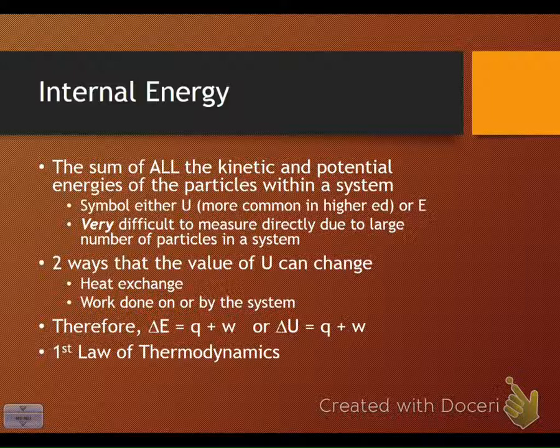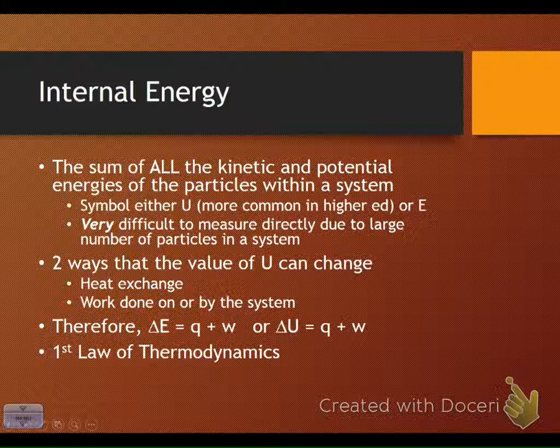Now, it's very difficult to measure this, like I mentioned, but it's much easier to measure changes in internal energy because temperature can tell us a lot about the changes that systems undergo. There's two ways that the internal energy of a system can change: heat or work being done on it.